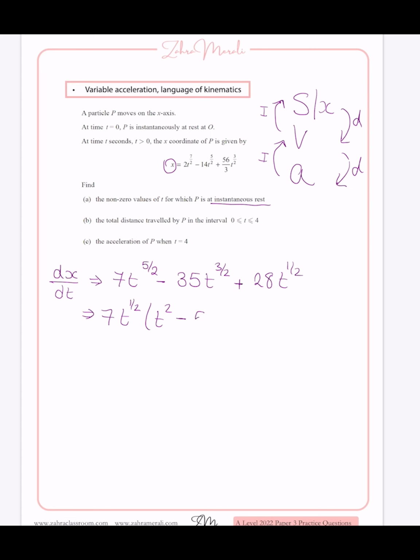And then we're going to get 5t plus 4, and we can see we've got a quadratic. The question says that it wants the non-zero values, so we're not going to worry about t equaling 0, so this first bit equaling 0. We're just going to do that. You either stick it in your calculator or you can factorize it quickly, hopefully. And you get t equals 1 and t equals 4.